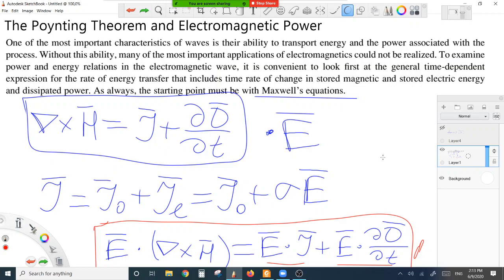Now we can integrate this term over the volume to calculate the total electric power in the volume.